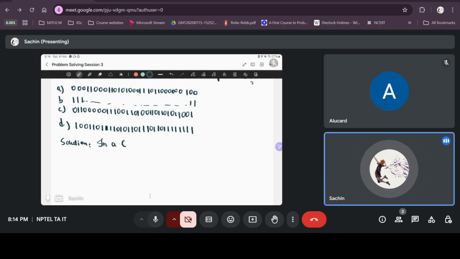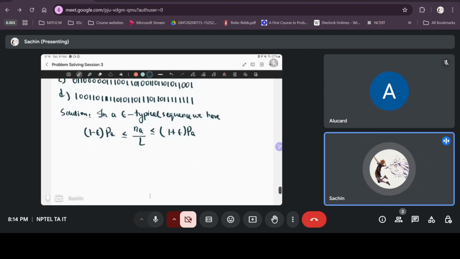By definition of a typical sequence, in an epsilon typical sequence, we have the number of times the symbol A occurs divided by the length of the sequence is between 1 minus epsilon times the probability of that symbol, and 1 plus epsilon times the probability of that symbol. So here there are only two symbols, 0 or 1. So n of 0 is the number of zeros and n of 1 is the number of ones.